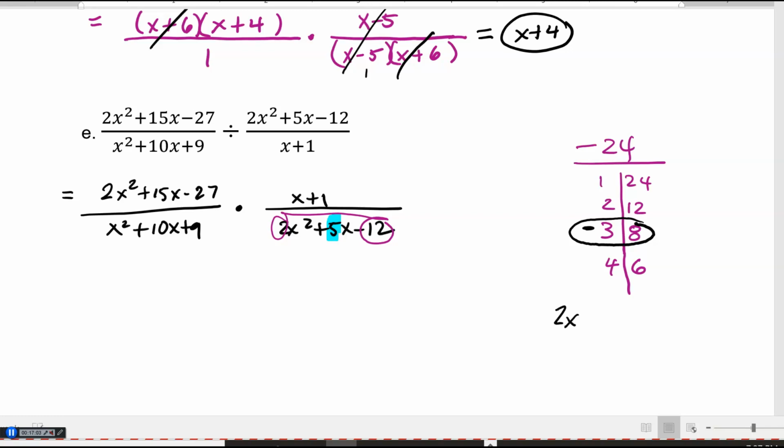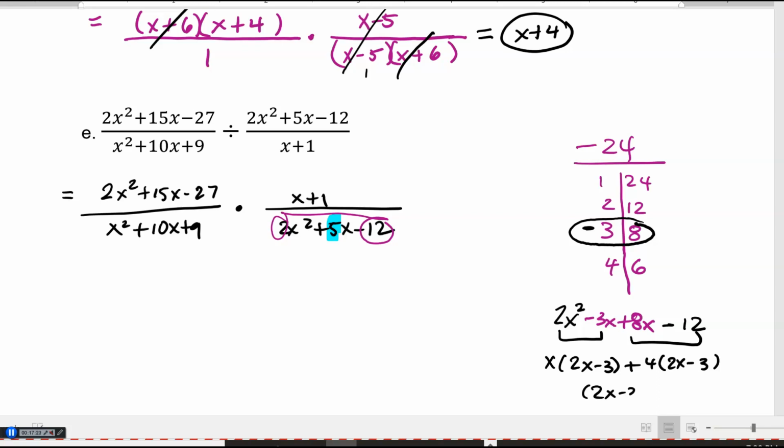So when we rewrite our trinomial, we could put negative 3x plus 8x here and rewrite the last part C, and then we group. You can take out an x and you can take out a 4. So the factors are 2x minus 3 times x plus 4 for that particular one.